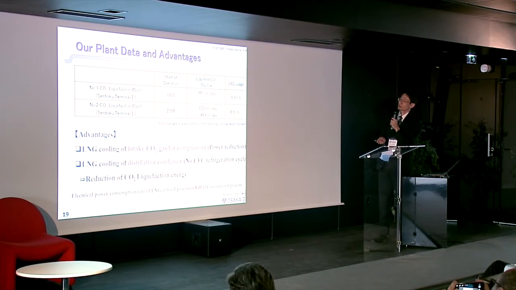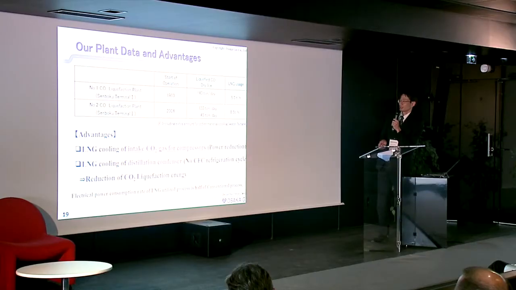This shows the facilities, a general view of two plants. Number one plant was constructed in 1980, and the second one was constructed in 2004. And this is the production rate of the liquefied carbon dioxide and dry ice.